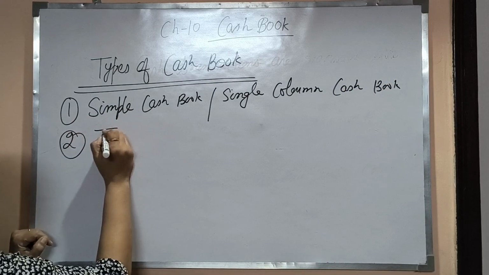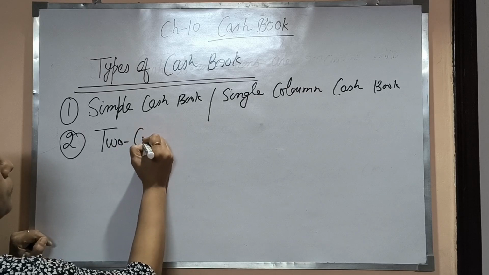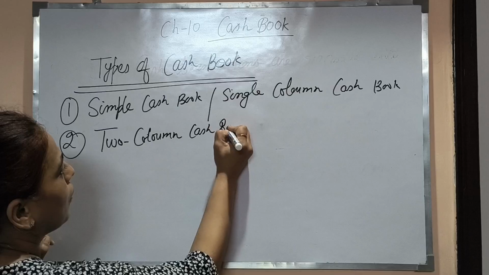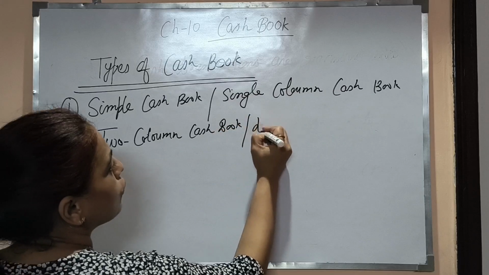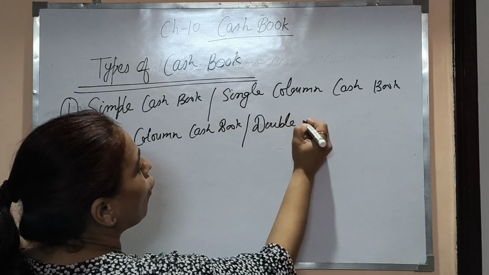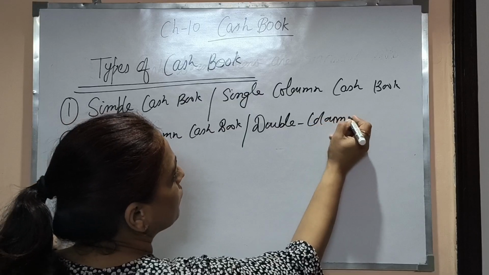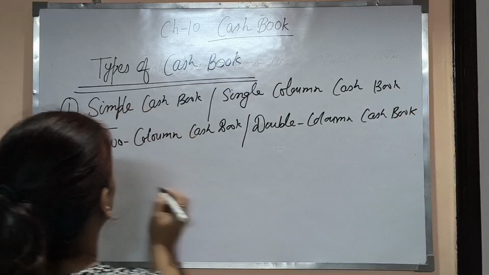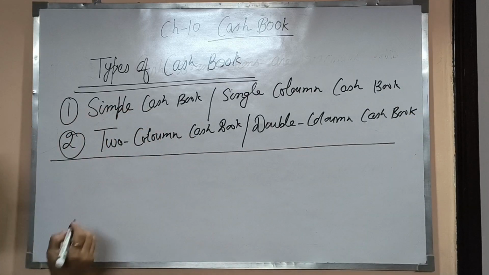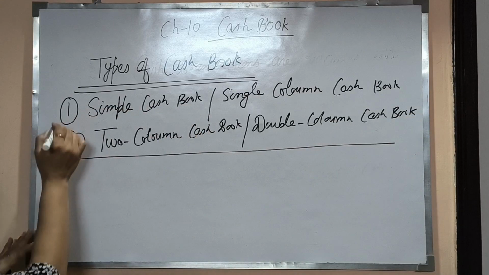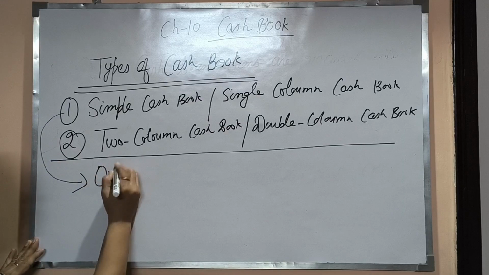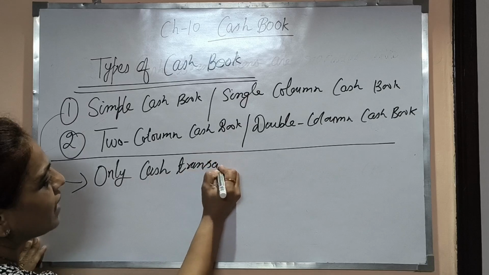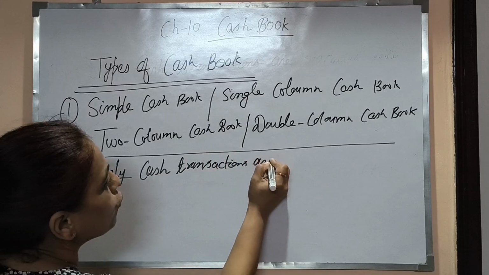Second is the two column cash book, also called the double column cash book. In a simple column cash book, only cash transactions are to be recorded.